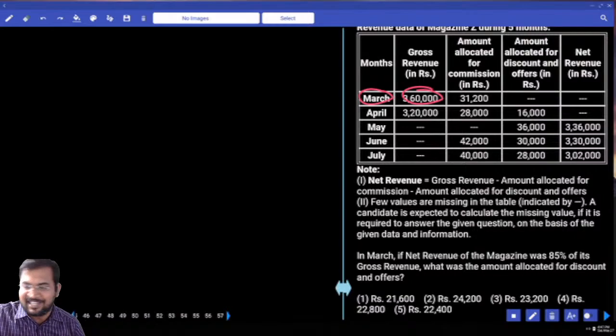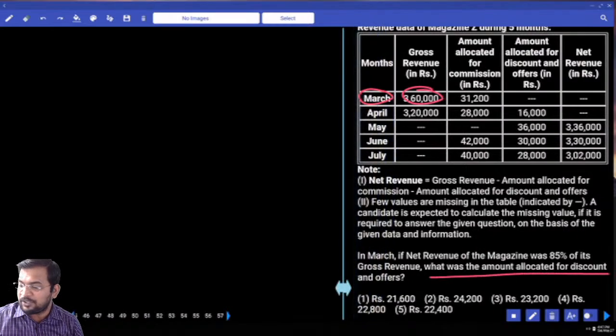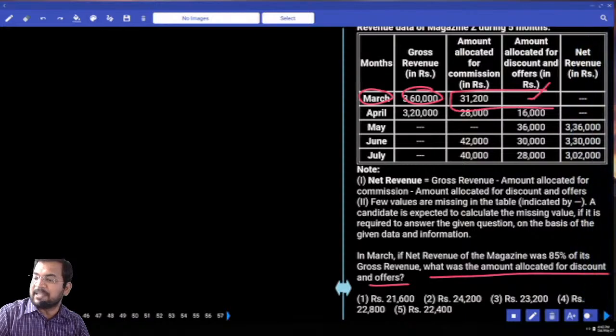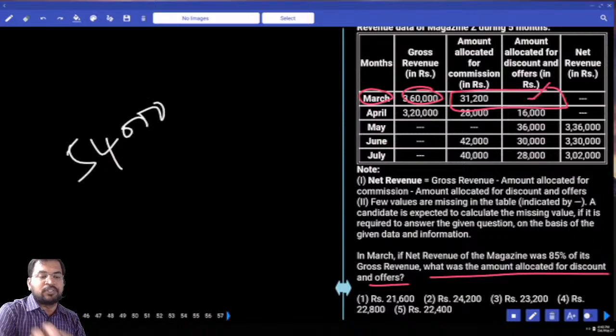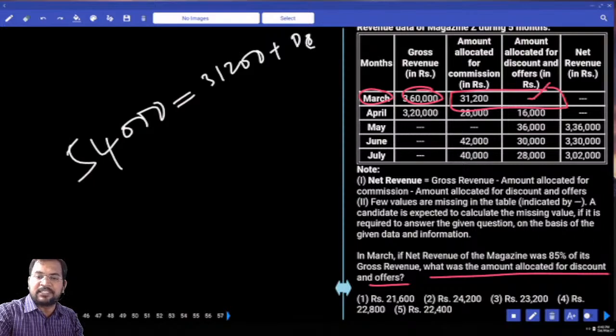They are asking what was the amount allocated for discount and offers. Together these are 15% of 3,60,000. 10% is 36,000, 5% is 18,000, so 15% is 54,000. That 54,000 is equivalent to 31,200 plus discount and offers.